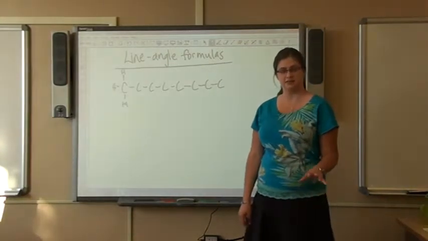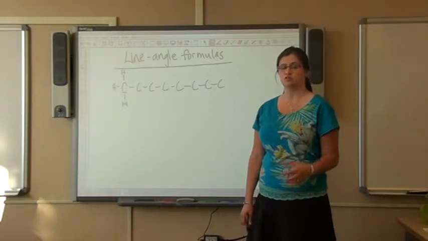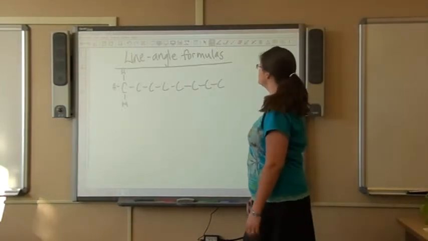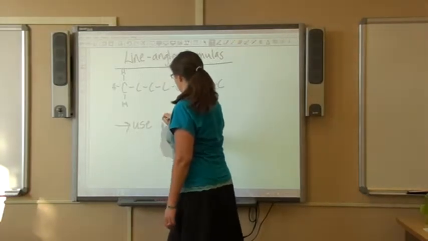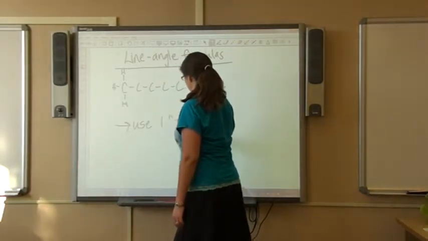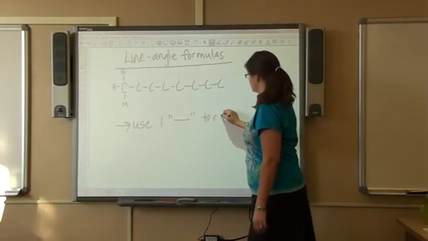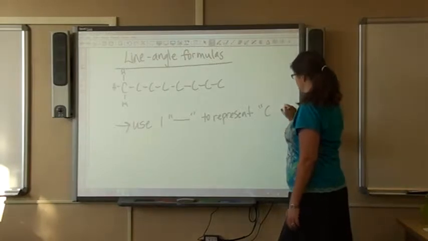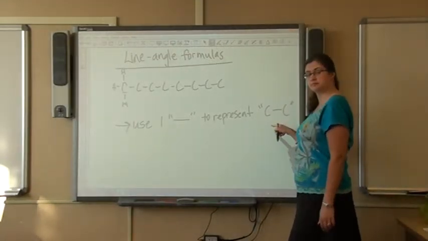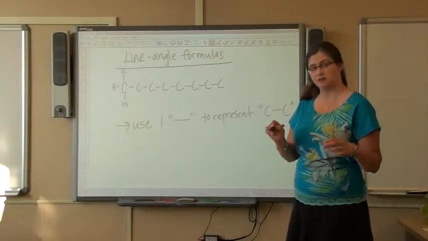But to save space and to save time and frustration, what we can do is use a line angle formula. So the way you'll do that is to use one line or one dash to represent this. So every time you have a carbon to carbon, you're going to write one line.